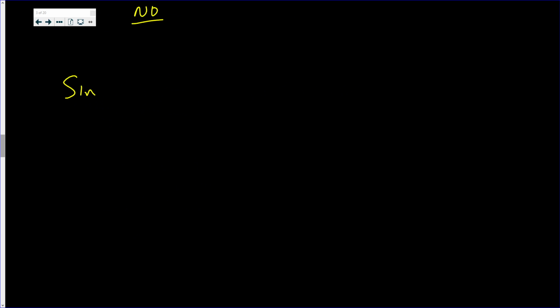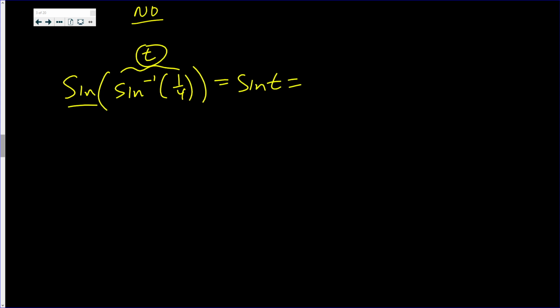What about the sine of the sine inverse of 1/4? Well, sine inverse of a number is an angle, and in this case, we want the sine of the angle. Okay, I'll do my best to try to find it. Well, we know that sine inverse of 1/4 is t.